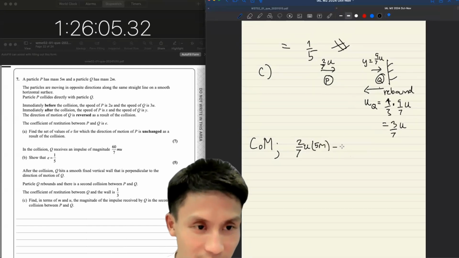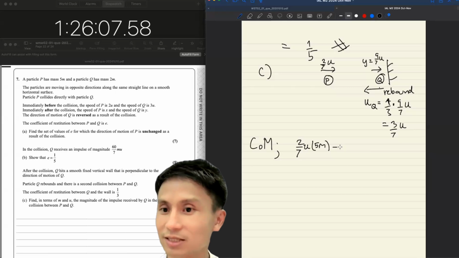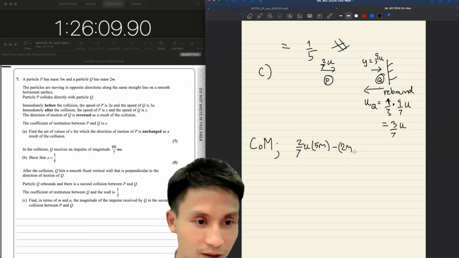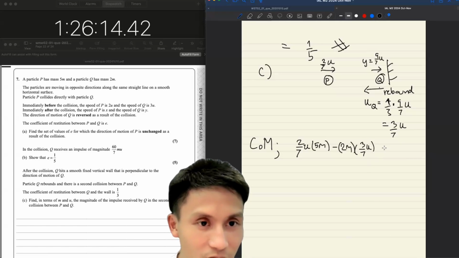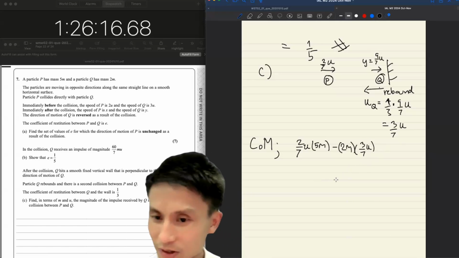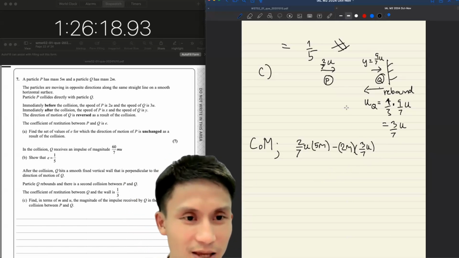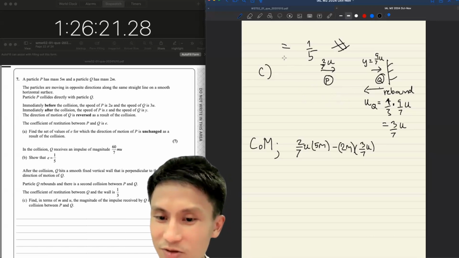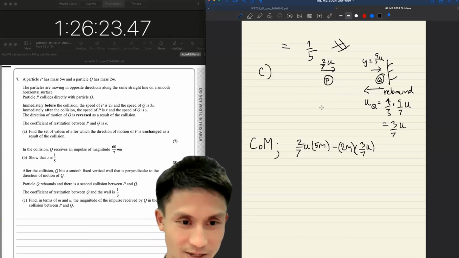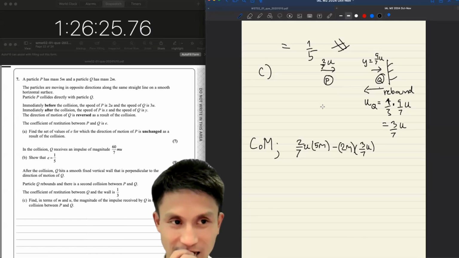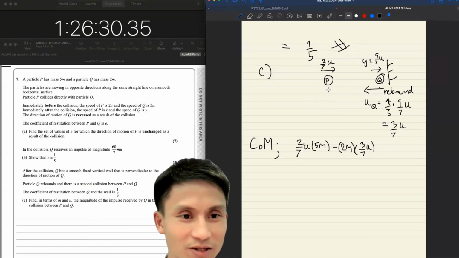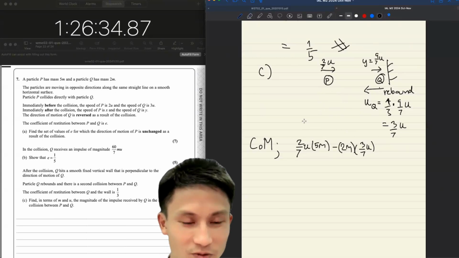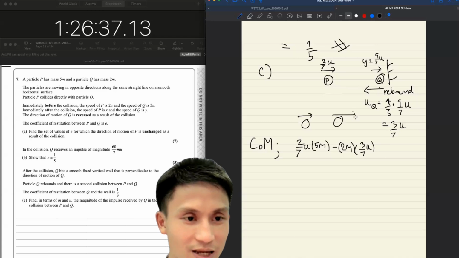Minus, because Q is moving to the left, and mass of Q is 2m, and the speed to the left is 3 over 7 after hitting the wall. Okay, and then that's tricky. Let's say that Q is going to be to the right, and P is going to be to the right. So let's assume that they both go to the right. Okay, so after collision is like that again.